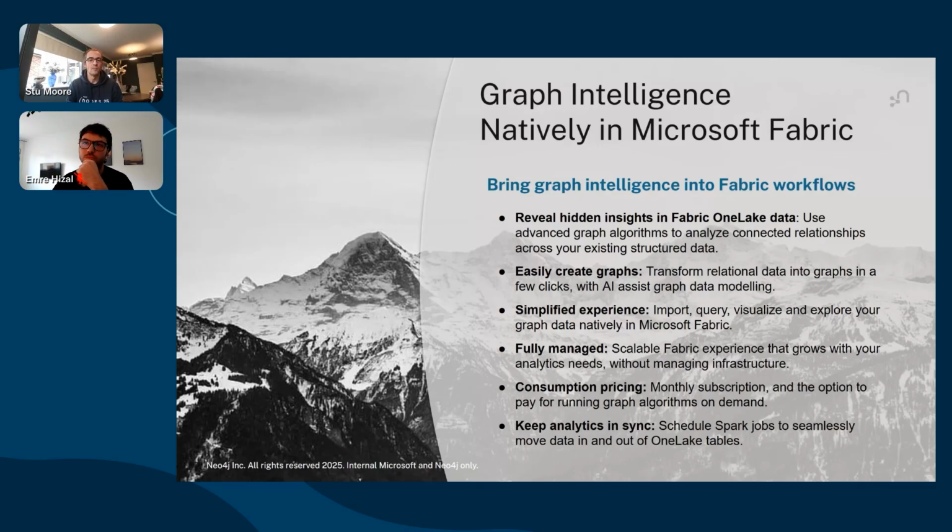The AI-assisted graph modeling presents a candidate graph model. You'll see that later. And then we have this really simplified experience for your analysts, data scientists, to explore, query, and visualize the graph right inside of the Fabric console. So bringing that full, rich Neo4j capability right inside the Fabric pane of glass.